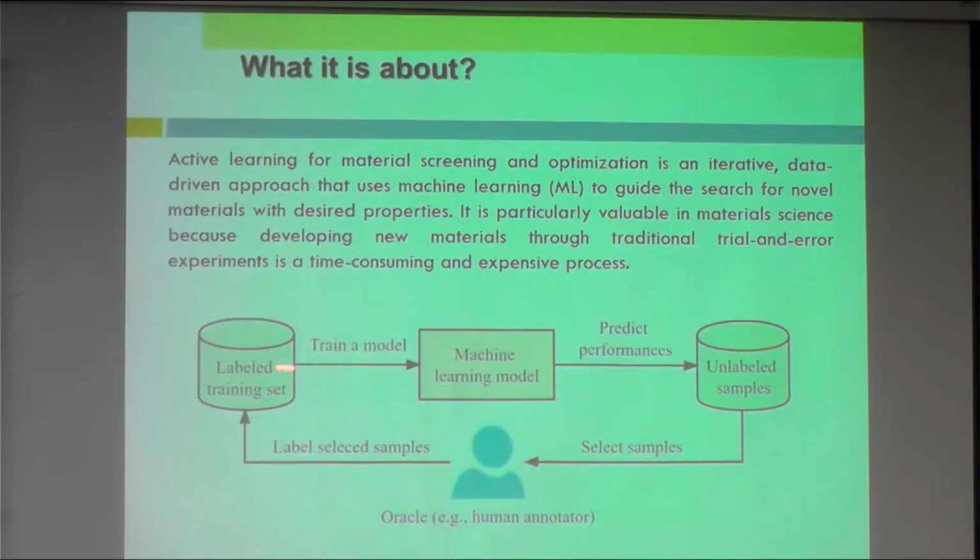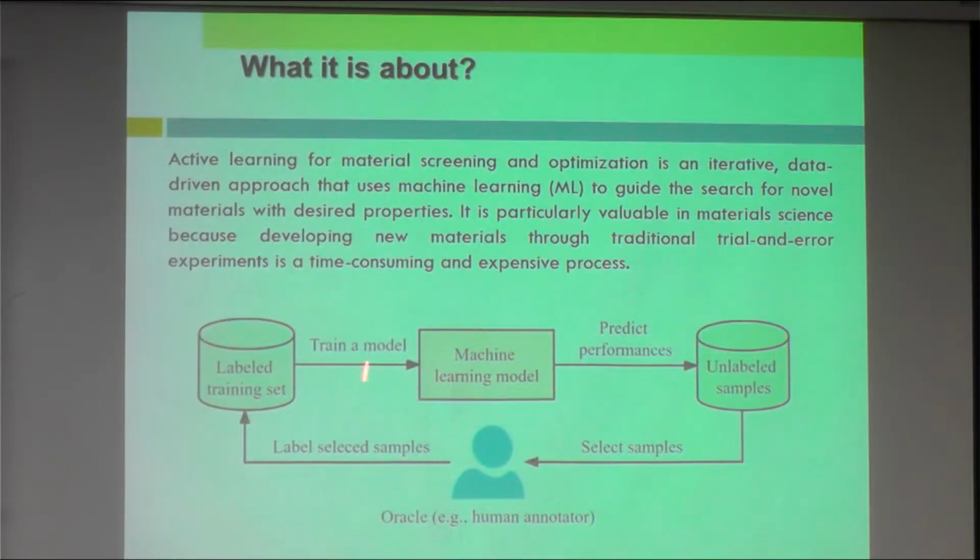Later on, you go to a machine learning model, a simplified machine learning model with certain properties. It might not be one property, but a couple of properties required for certain applications or purposes. Then this puts out a prediction of the performance of the materials.